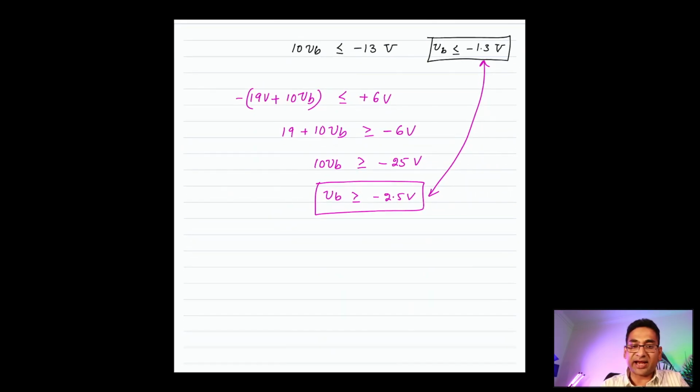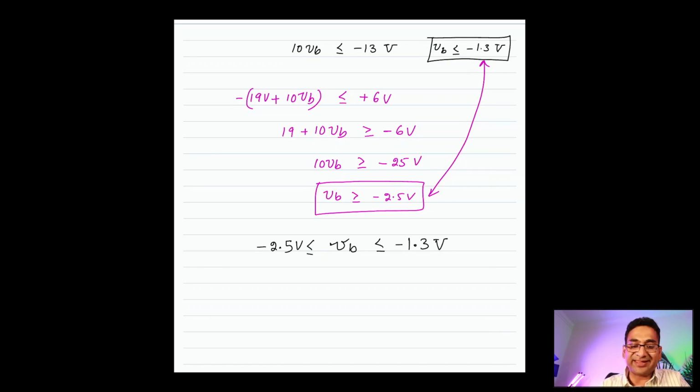Okay, now I can write the range for VB. Everybody with me? VB should be greater than or equals to negative 2.5 volts, and it should be less than or equals to negative 1.3 volts.